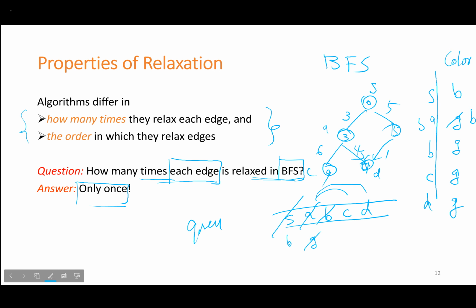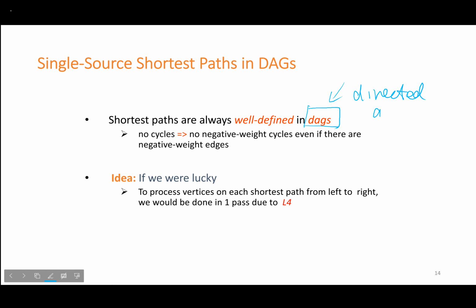Now let's take a look specifically at single source shortest path. Shortest paths are always well defined in a DAG. DAG corresponds to a directed acyclic graph, a directed graph with no cycles.